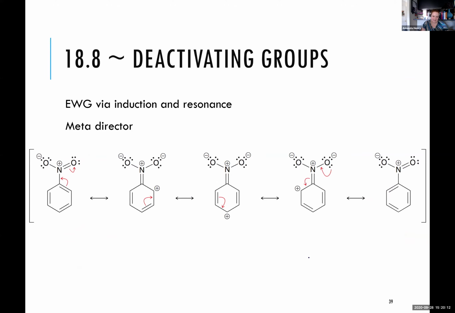So on to our deactivators. We've looked at this resonance, not specifically for nitro, but we've looked at it for our electron withdrawing groups through resonance. So this happens with our moderate and strong deactivators.